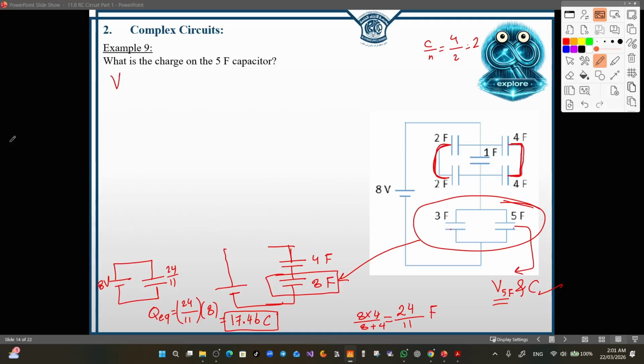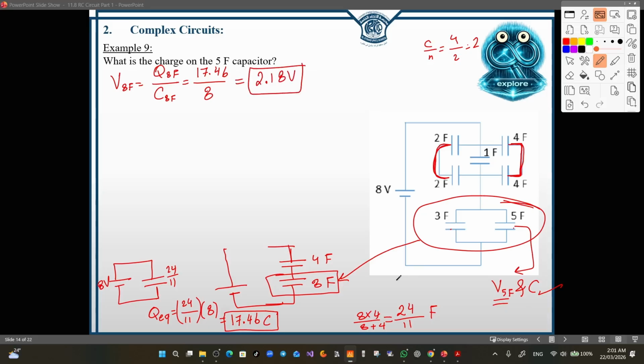The potential difference across the 8 farad equals the charge of the 8 farad over the capacitance of the 8 farad. The charge stored in the 8 farad is 17.46. The capacitance is 8. And the potential difference is 2.18 volts.